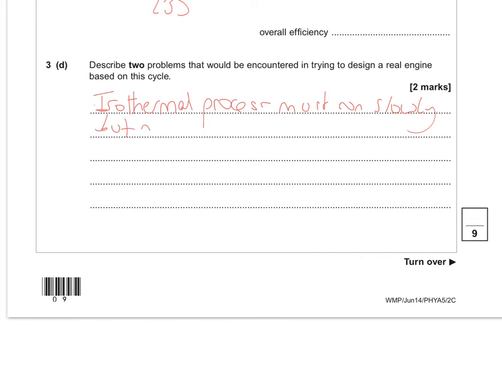But adiabatic must be very fast to allow no heat exchange during your cycle. So that's going to be very difficult to achieve.